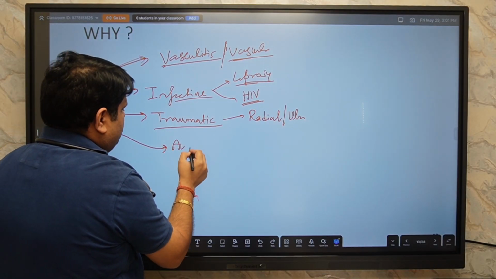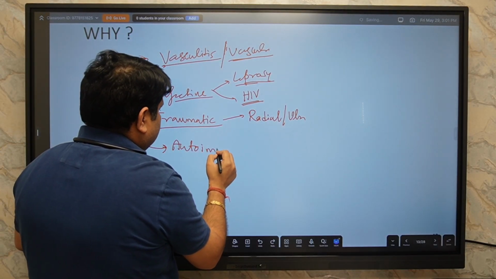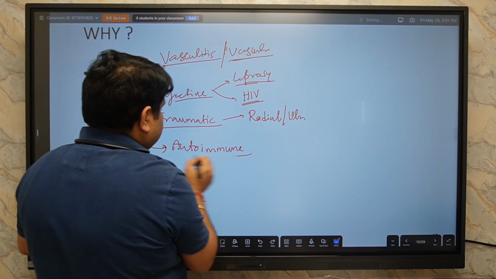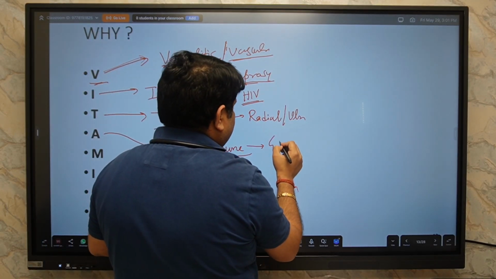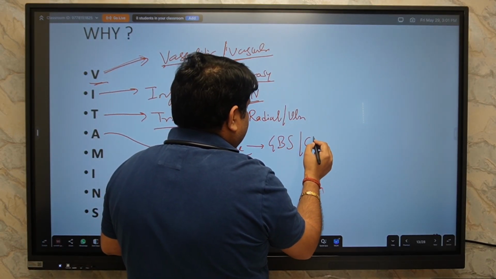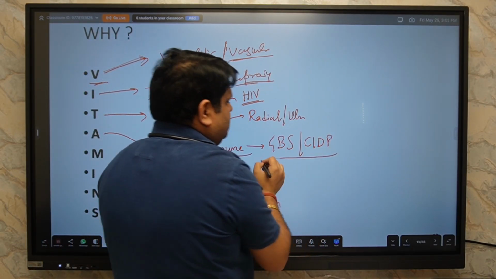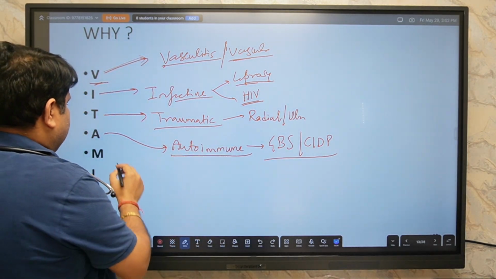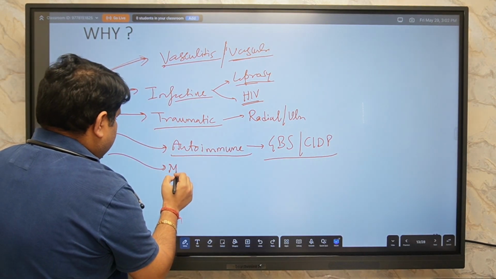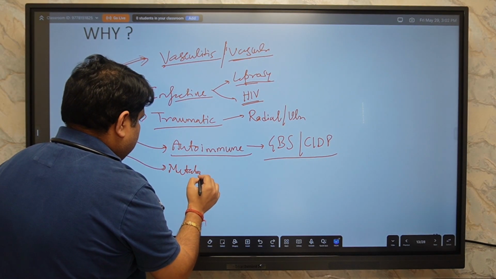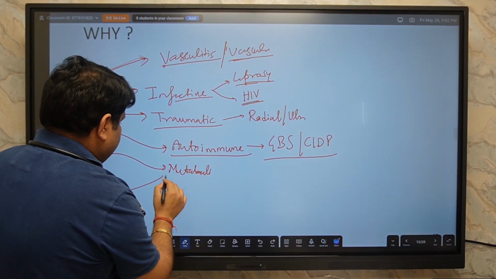Then the autoimmune causes. In autoimmune causes, there is Guillain-Barré syndrome, GBS, or CIDP, which is a common cause of demyelinating neuropathy. Then metabolic and nutritional.